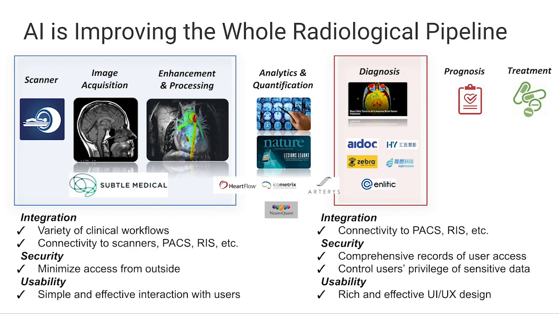For example, on the left, you see in the image acquisition stage, you consider integration, and when you consider that, you're thinking about there's variety in the clinical workflow in a lot of different hospitals. These applications usually require a lot of connectivity to scanners, PACS, and RIS, whatever you have in the hospitals.